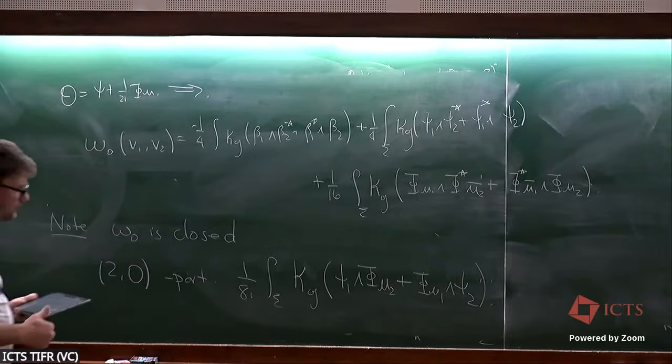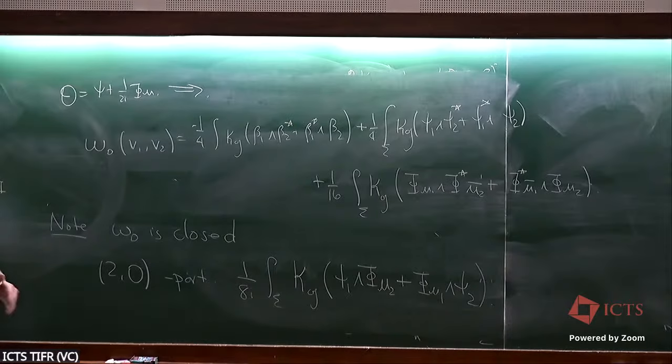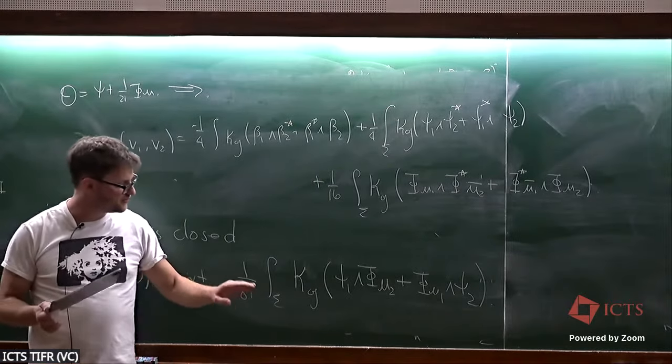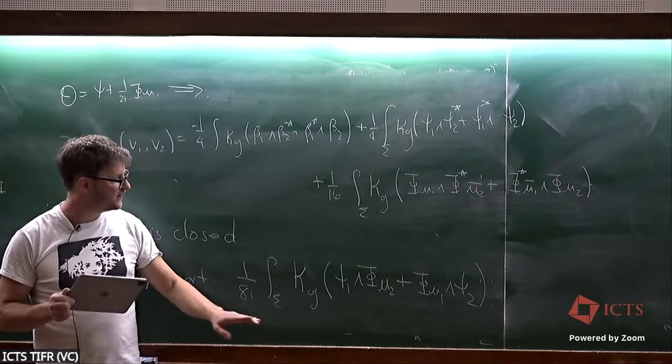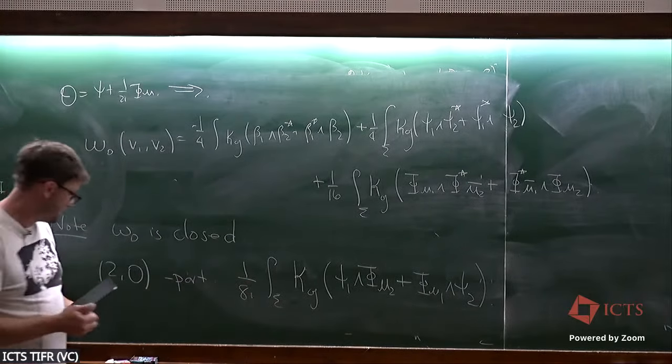So I wrote it down once, and maybe it'll be in your notes. Next time, when I pull something back and restrict it to the special subvariety, note that this expression is already 0. That's why I'm going to write it down.